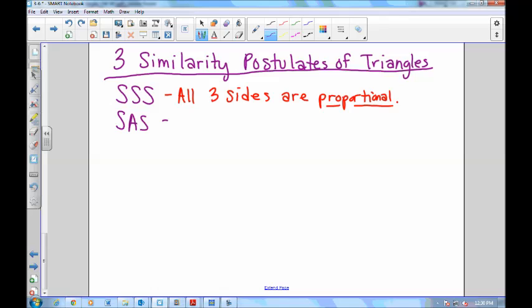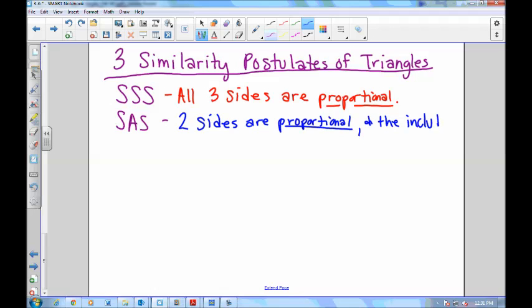It says 2 corresponding pairs of sides have to be, what's the key word? 2 sides of a triangle are, start with a P, proportional. So not necessarily congruent. So 2 sides are proportional, and the included angle, included is huge.